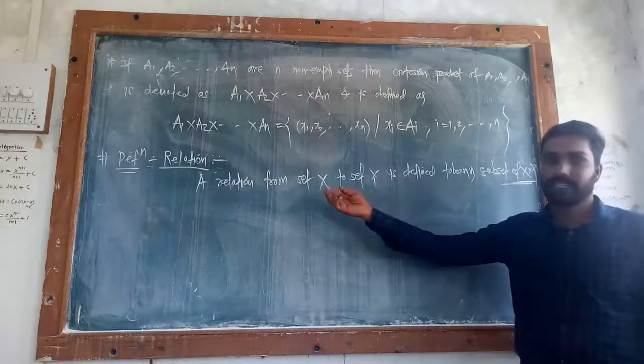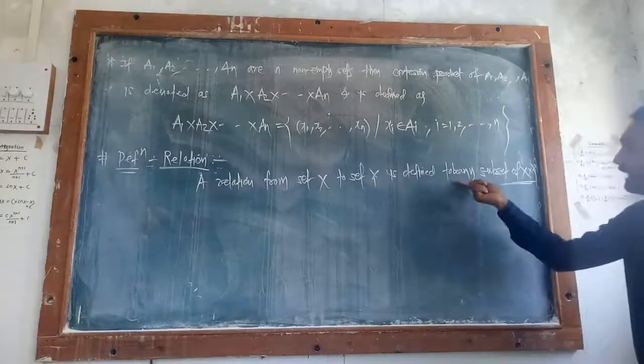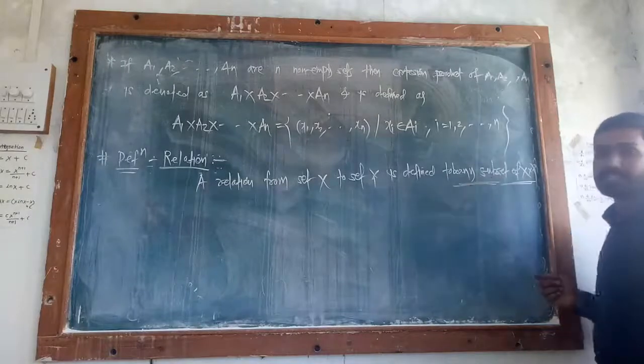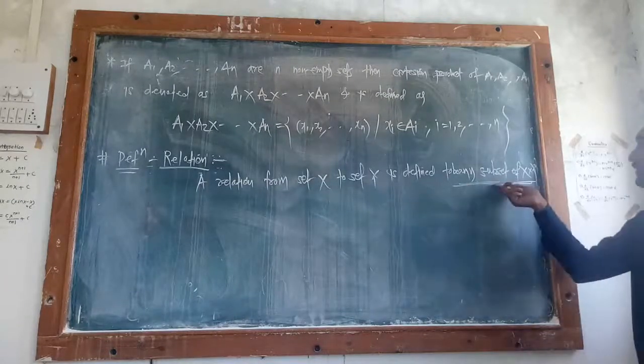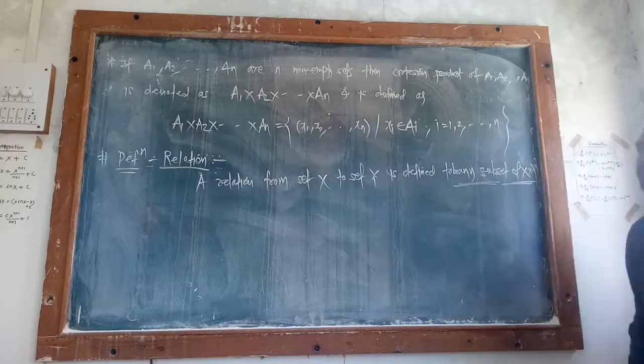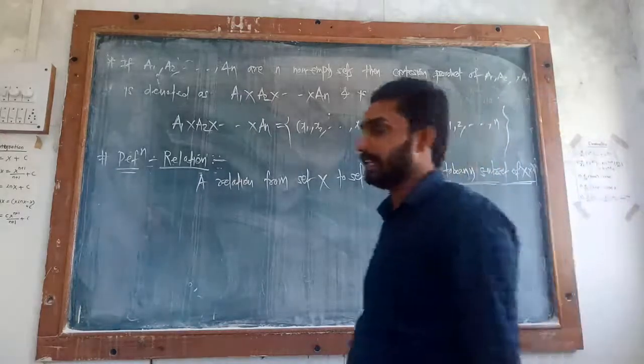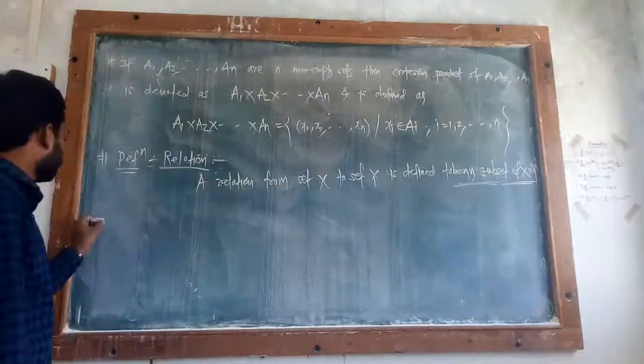A relation is any subset of X cross Y. Then this is called a relation. Okay, so let's take an example.